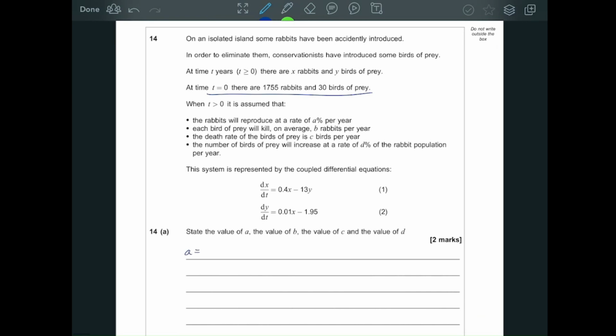So this one is my rate of change of rabbits. If I'm reproducing at 8% per year, that's from this term here. We're reproducing at a rate of 40% per year. So you've got an increasing factor of 0.4x. Each bird of prey will kill on average b rabbits per year. Well, that's going to be from this term. Each bird of prey kills 13 rabbits.